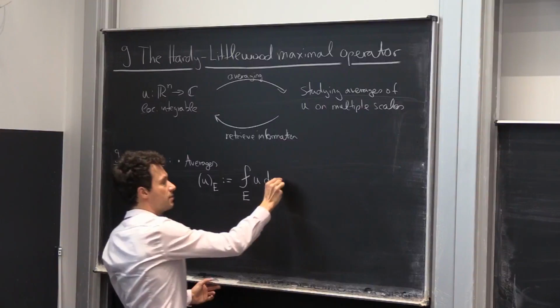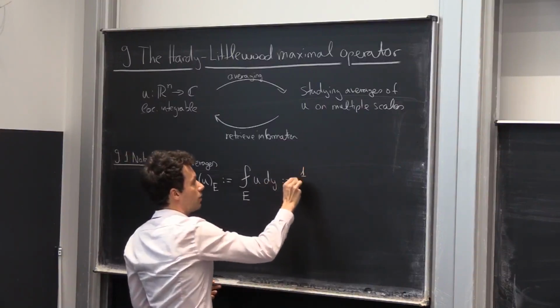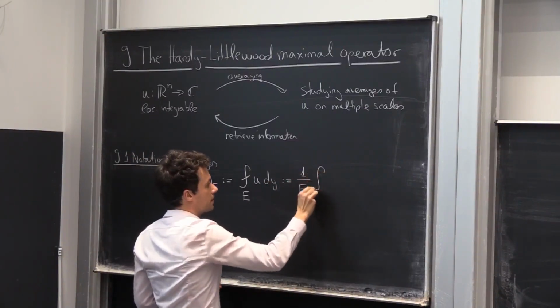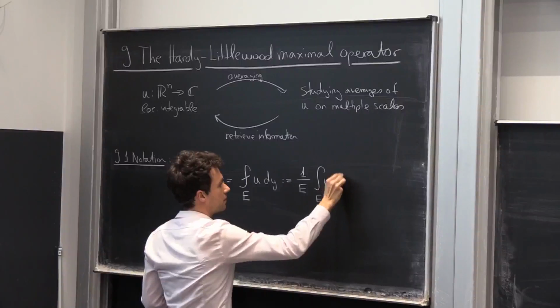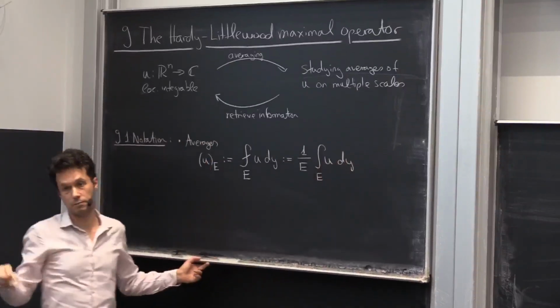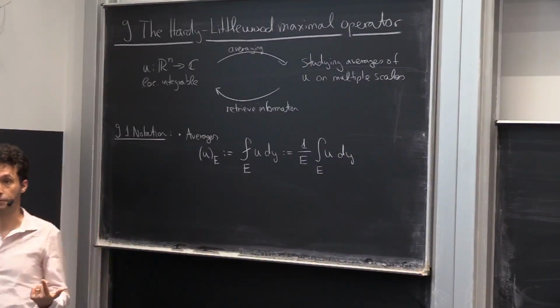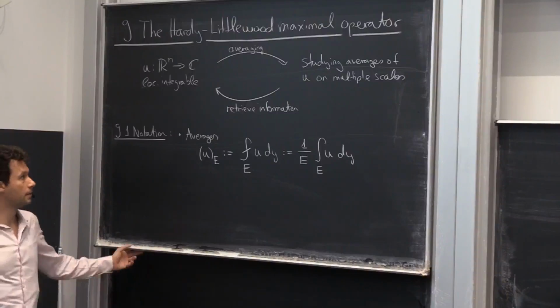This means I'm taking 1 over the measure of E, and then I integrate u over E, so that I'm really computing the average value of u on that set E.